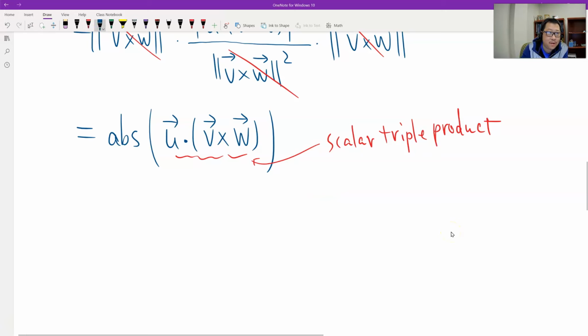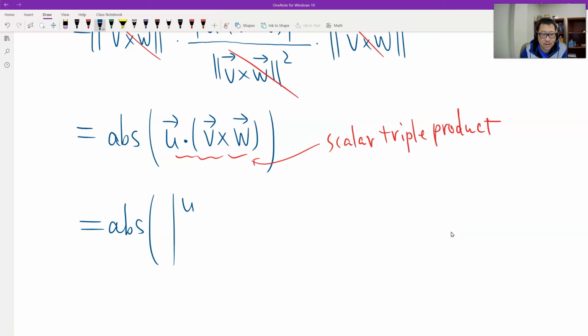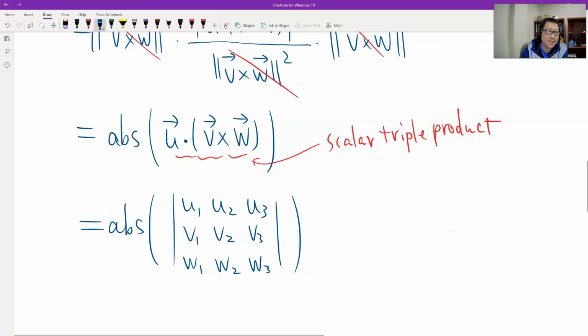So therefore, by the definition or the method of calculation, it is the absolute value of the determinant with U, which is u1, u2, u3, V is v1, v2, v3, and W, the third row, which is w1, w2, and w3. Can you see? Is this the result?